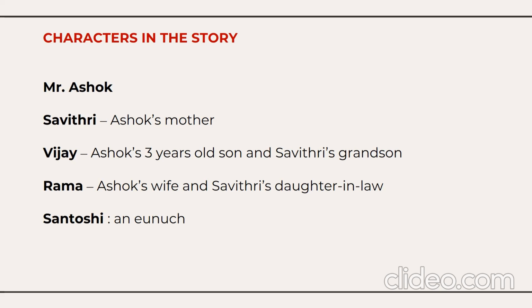But the problem is here, Savitri's relation with her daughter-in-law Rama is not in a good condition, very hostile. So this is another reason for the mercury rising here. Secondly, it's a very summer season, right?